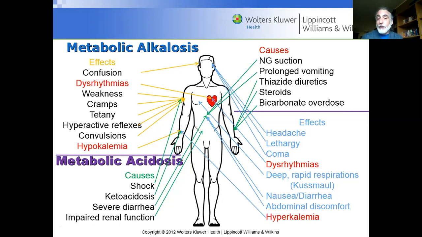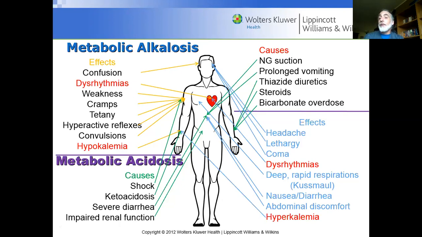Why would my patient who is in metabolic acidosis have deep and rapid respirations? Give you a second to think about that. Now yell it at the screen. I couldn't hear you, but think about it.